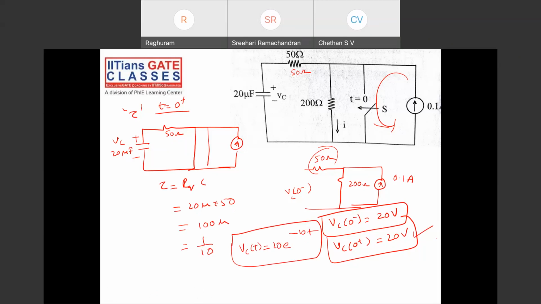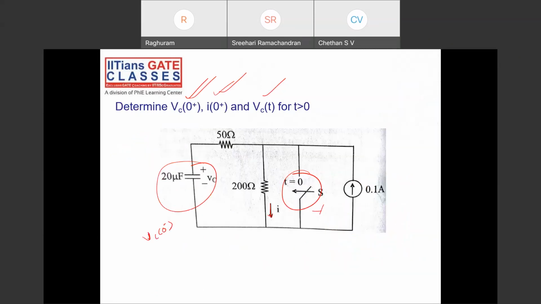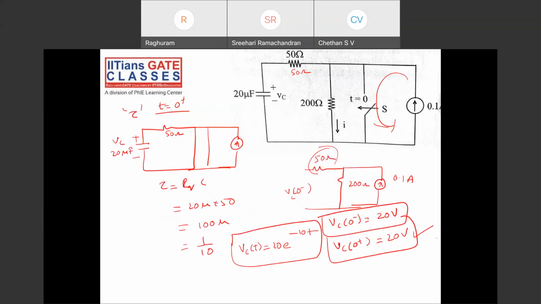I of 0 plus is 0. Okay, no current flows through. Or rather, I'm sorry, I of 0 plus is not 0. Just after the switch is closed, my capacitor acts as a voltage source of value 20 volts.